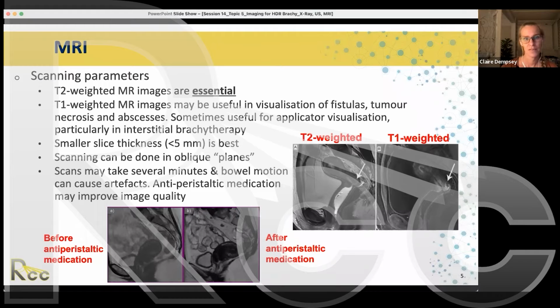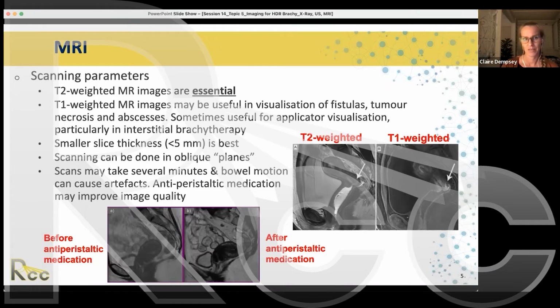One of the benefits of MRI in particular is you can actually do scanning in oblique planes. With CT, you only scan your patient in the plane that the patient is lying on the bed. But with MRI, because you've got particular coils and things can be tilted, you can scan in an oblique plane.